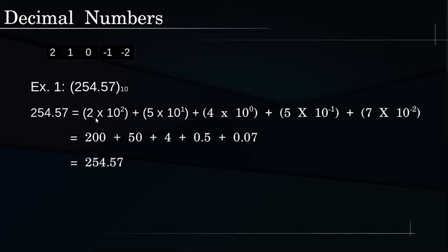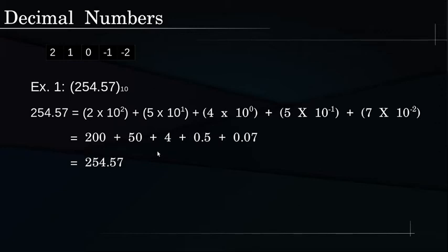So 2 into 10's power 2 plus 5 into 10's power 1 plus 4 into 10's power 0 plus 5 into 10's power -1 plus 7 into 10's power -2. 2 into 10's power 2 becomes 200. 5 into 10's power 1 becomes 50. 4 into 10's power 0 becomes 4. 5 into 10's power -1 becomes 0.5, and 7 into 10's power -2 becomes 0.07.